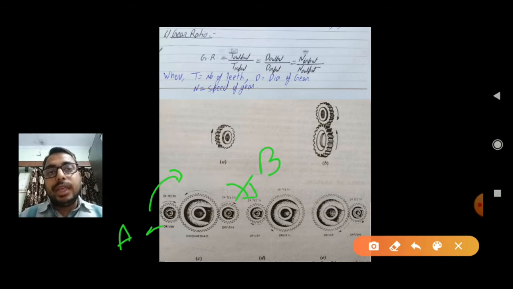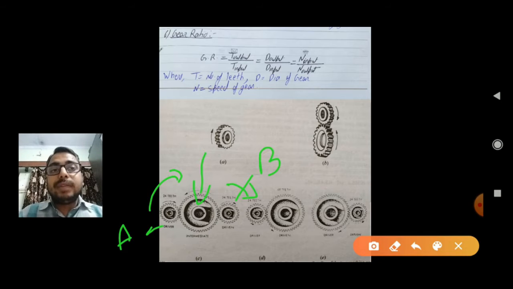But if one gear is rotating clockwise and I want to transmit this power also in the clockwise direction, then I need an intermediate gear.